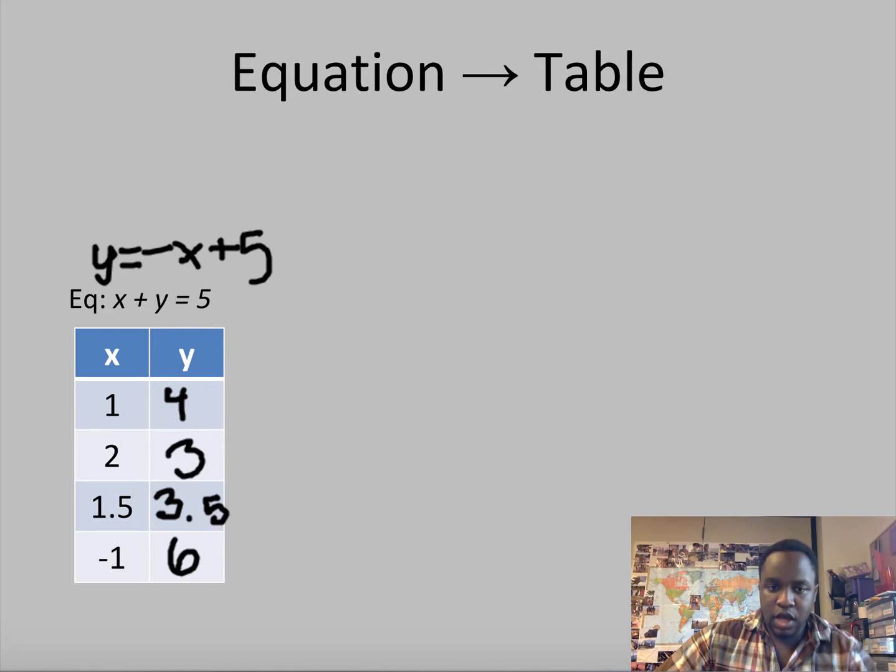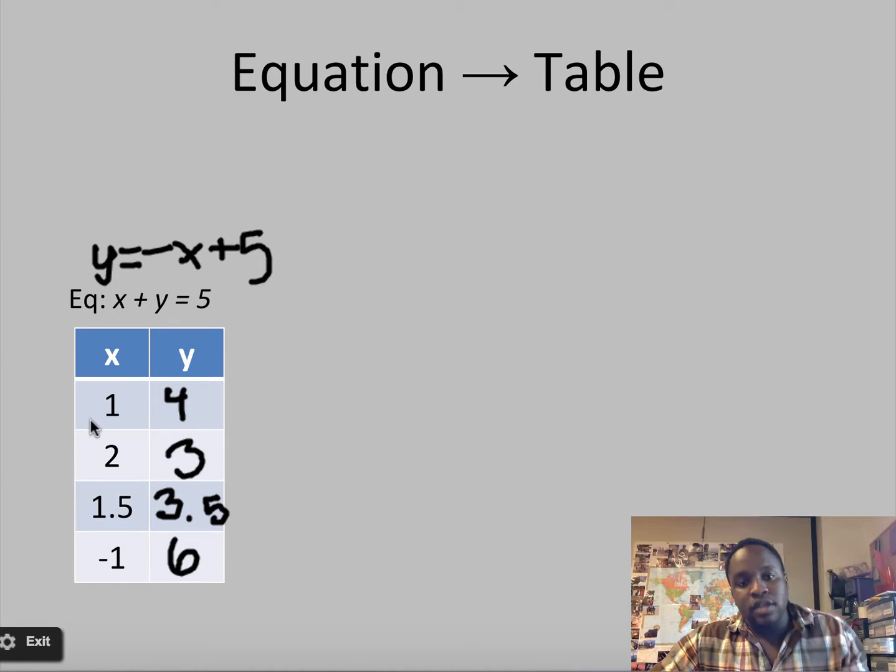All right. So basically, when we're going from an equation to a table, we're just inputting values in for x, and later on we'll see in for y, and we now have points. So we have points like (1, 4), (2, 3), (1.5, 3.5), and (negative 1, 6).